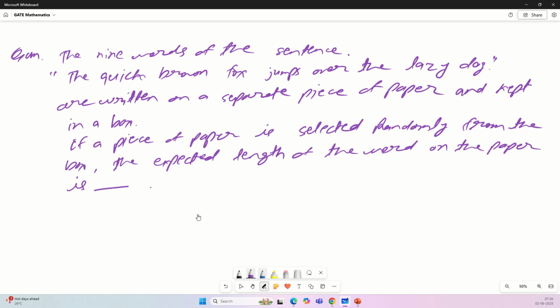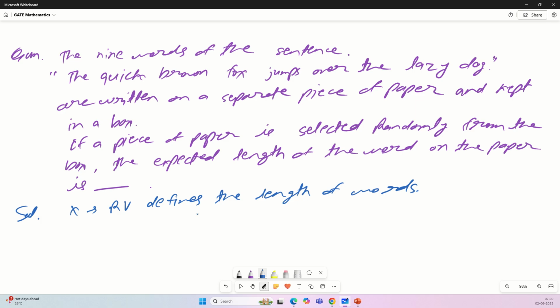So let's solve it. Or if you want to try by yourself, you can try first, and then you can see the solution. Okay, so let's say x represents my random variable, which defines the length of the word.